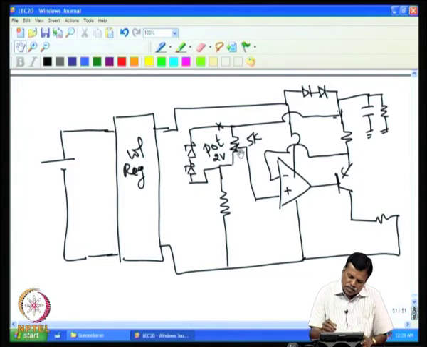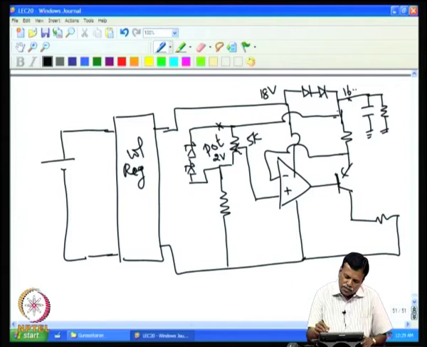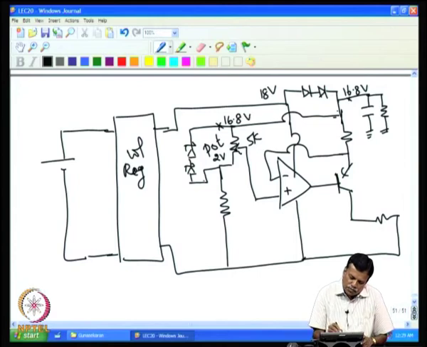For example, if you write the values, it is 18 volt and this is expected to give a 1.2 volt drop, we may get 16.8 volt, and this will be 16.8 volt and 2.4 volt, each one is a 1.2 volt diode, Zener diode. So, 16.8 minus 2.4 will give you 14.4 volt.